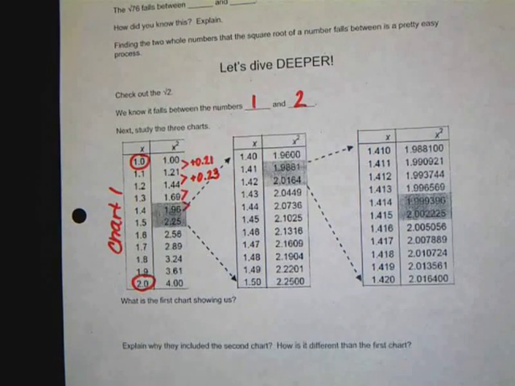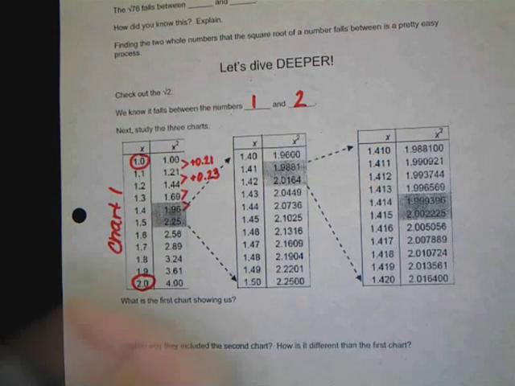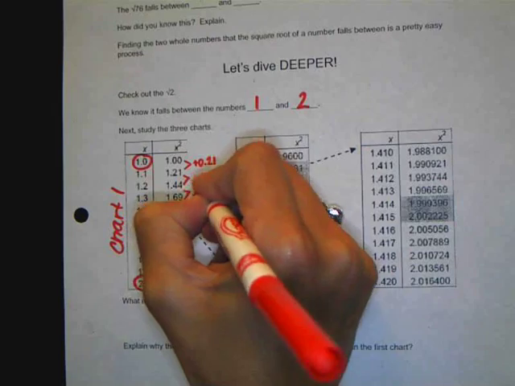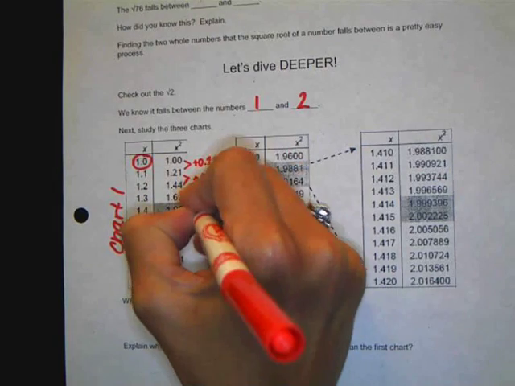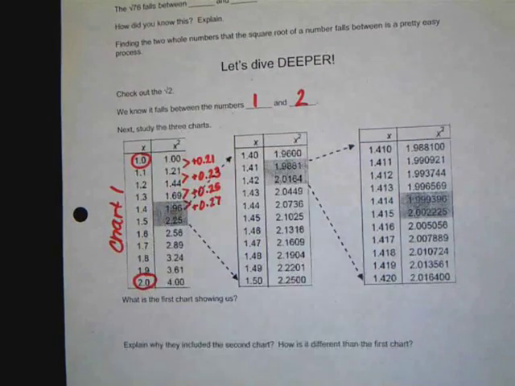What do you think the pattern is between 1.44 and 1.69? Two hundredths. All I'm doing is each time I'm adding 2 hundredths.